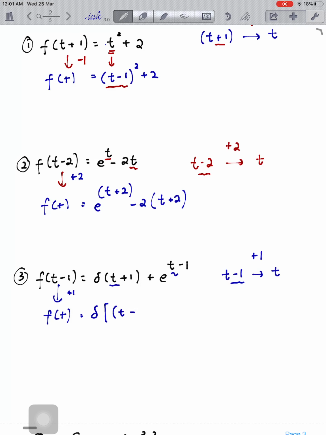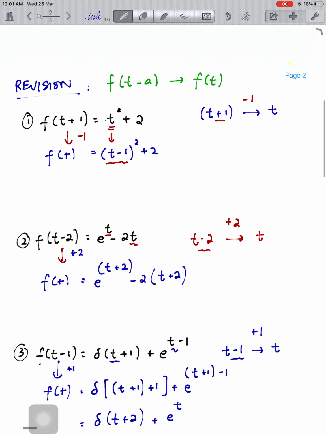I'm going to have t plus 1 plus 1. And then here for the exponential, put a bracket around, so t plus 1 minus 1. If I were to simplify this, I'll end up with delta of t plus 2 plus exponential of t. So it's going to be as easy as that. That will be the idea: how do we convert from f of t minus a to f of t?